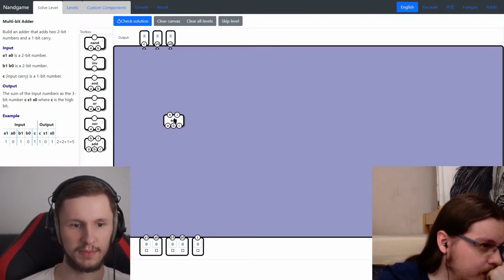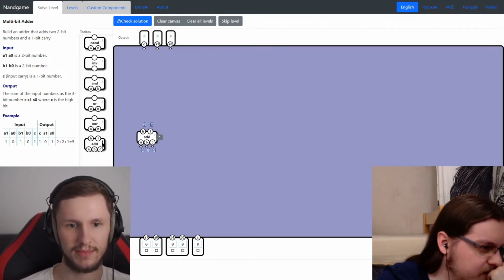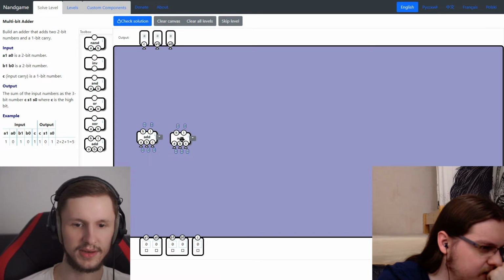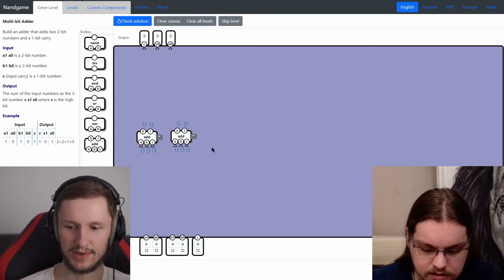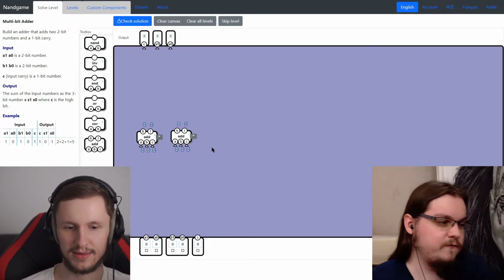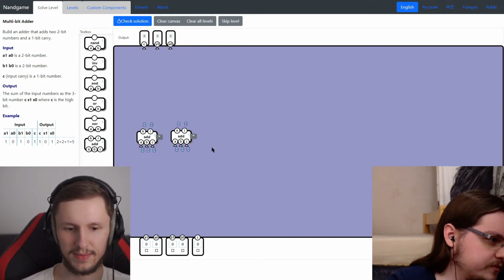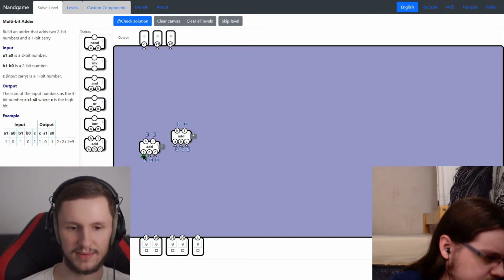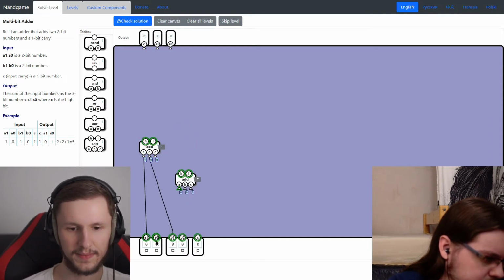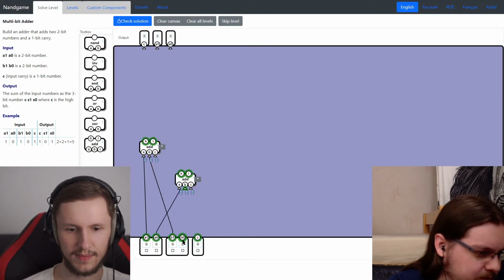Not quite, because with 1-bit adders, all three inputs are treated as single-bit numbers that you just add together. Fair. With 2-bit numbers, you actually have to think about the order of stuff. So... I mean, I'm just doing it right now, but I think this is correct, right?